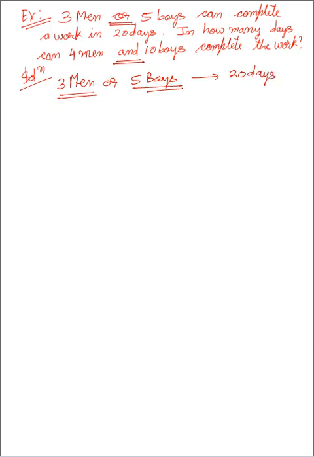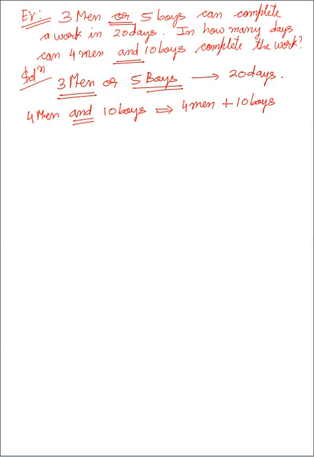Now they have asked 4 men and 10 boys. 4 men and 10 boys, it means 4 men plus 10 boys. So there will be 4 men and 10 boys helping those 4 men.